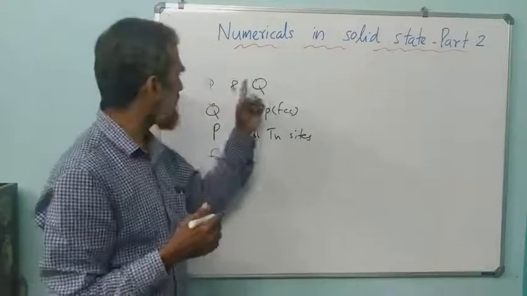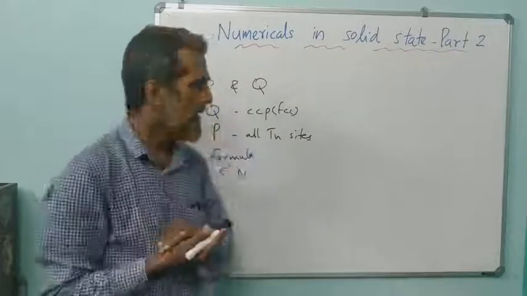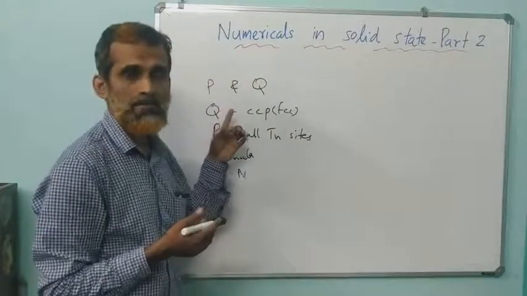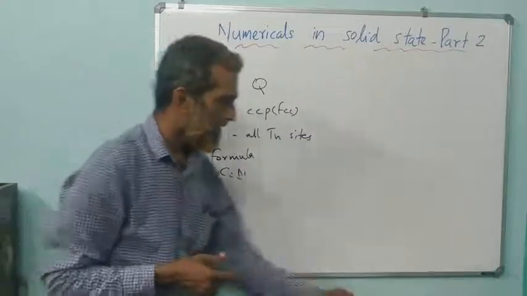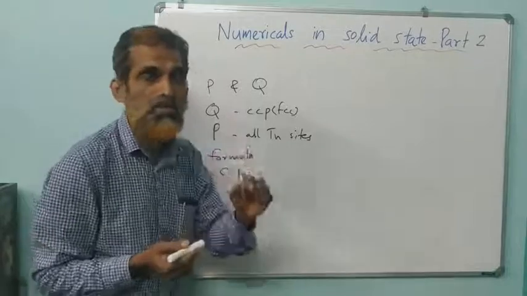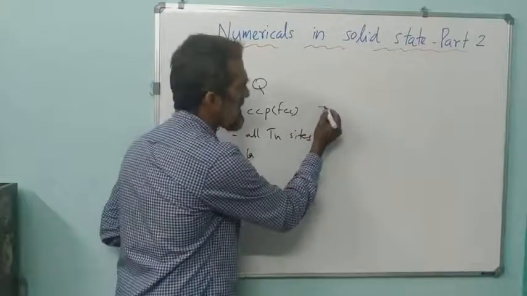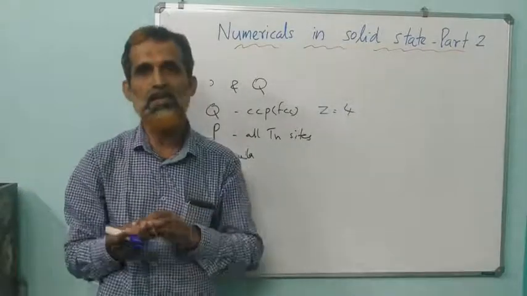Okay, so in the question it is given that the compound is made up of two elements P and Q, where Q atoms are in the CCP or FCC arrangement. So from that we can say effective number of Q atoms per unit cell Z is equal to 4. So there are 4 Q atoms in the unit cell.